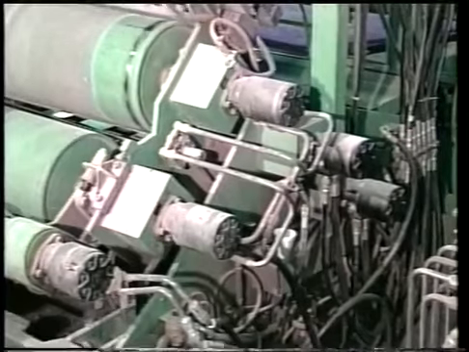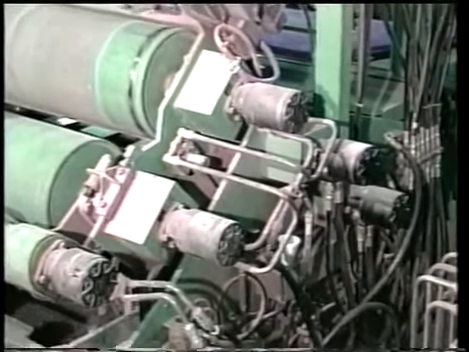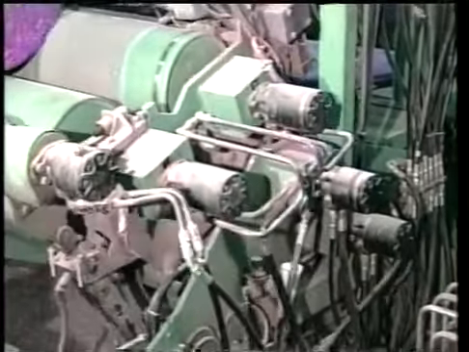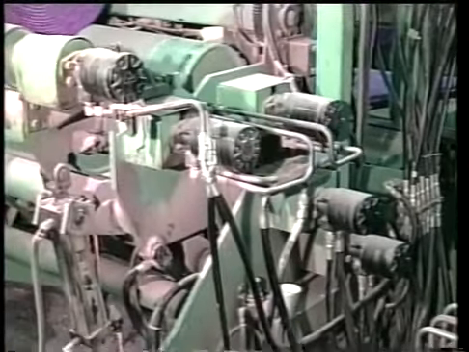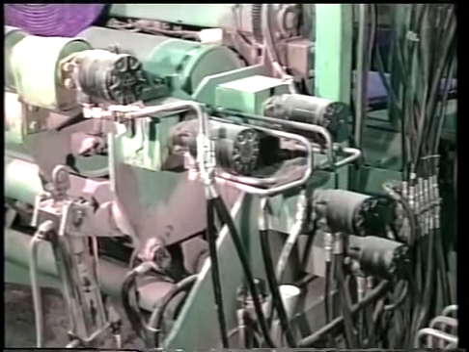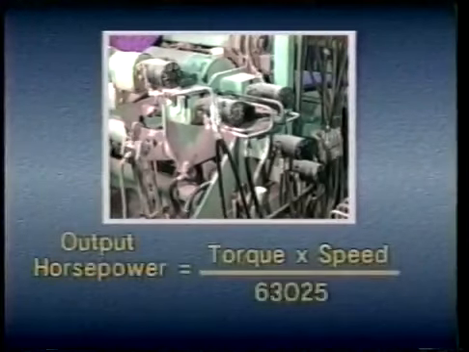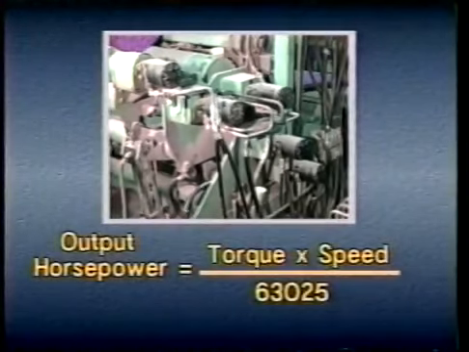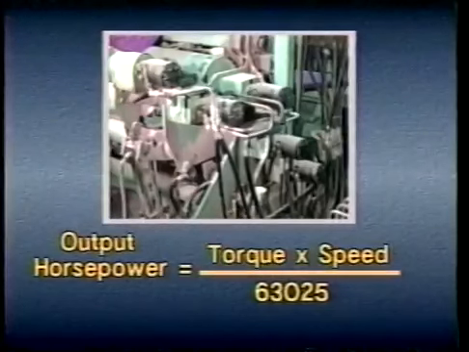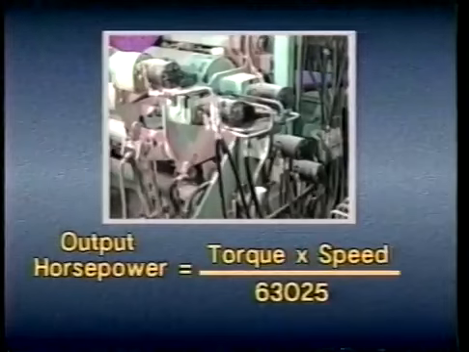Control of the torque and the speed of hydraulic motors also permits control of horsepower. That's because torque and speed determine the work a motor can do in a given amount of time, its horsepower. As we learned in an earlier lesson, output horsepower is equal to torque times speed divided by the constant 63,025.